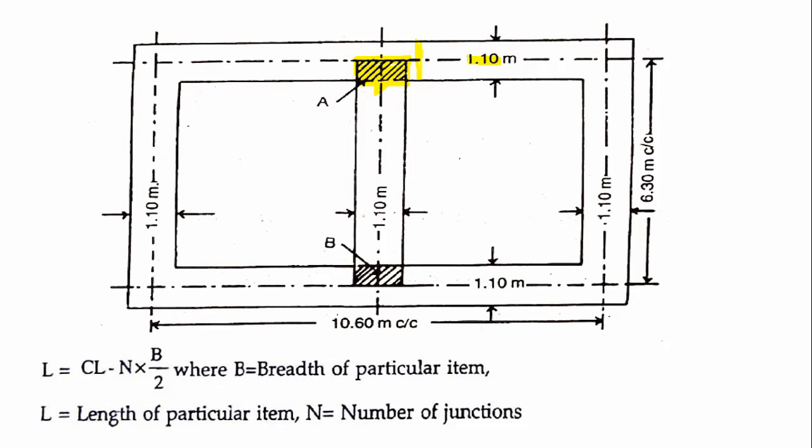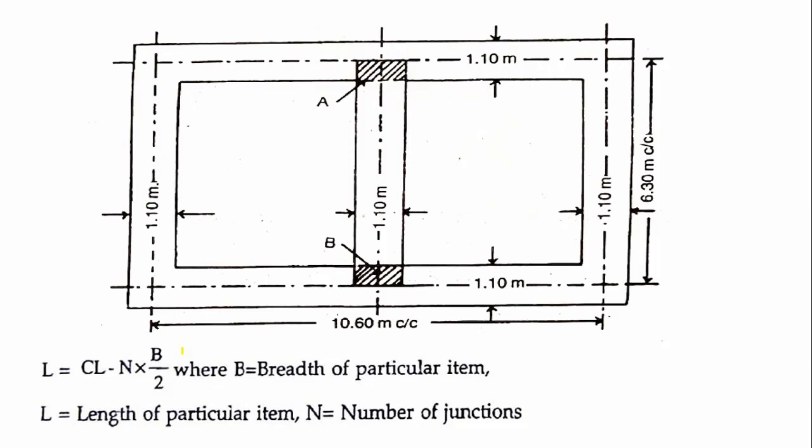This is 1.1, only half is getting overlapped, so this has to be subtracted. The total is the width of the item, B. Only half is getting overlapped, therefore this is B divided by 2.